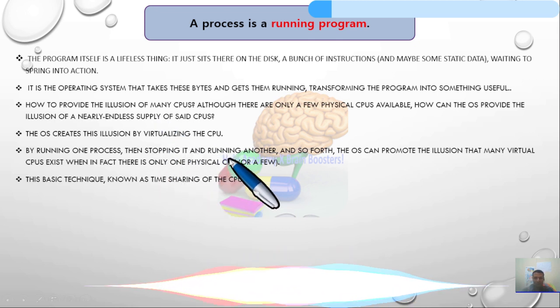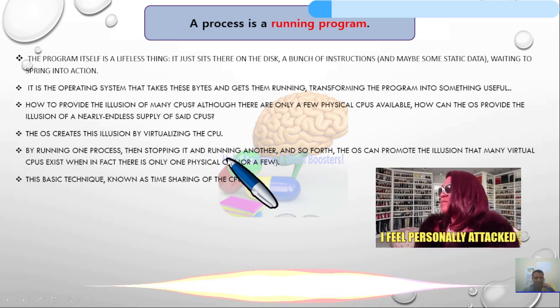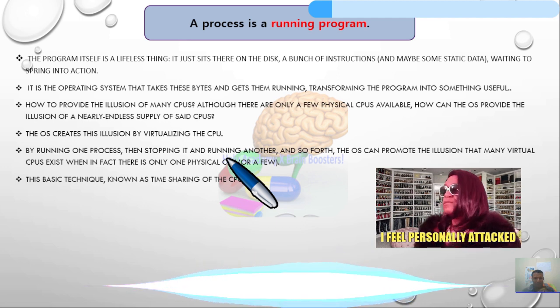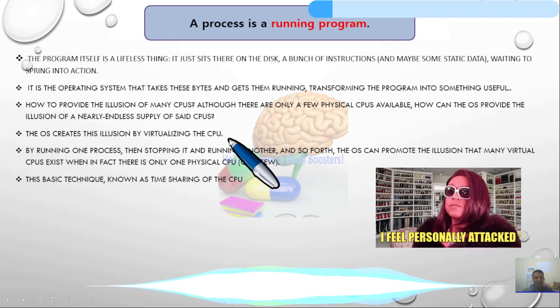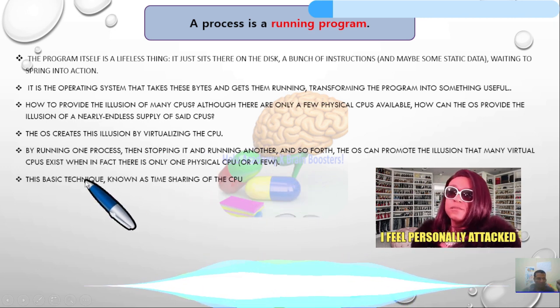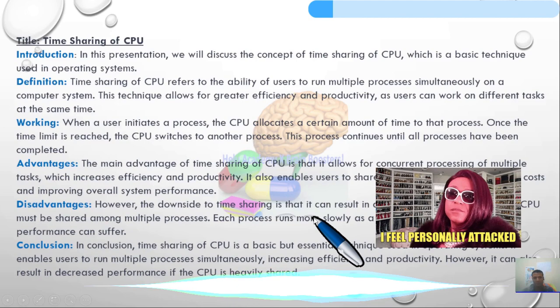We have a time quantum, so the process will run for a significantly small number of microseconds, then be preempted from the CPU, and another will come and go. This rotation seems like all the processes are running at the same time, but that's not the case. The basic technology is known as time sharing of the CPU.